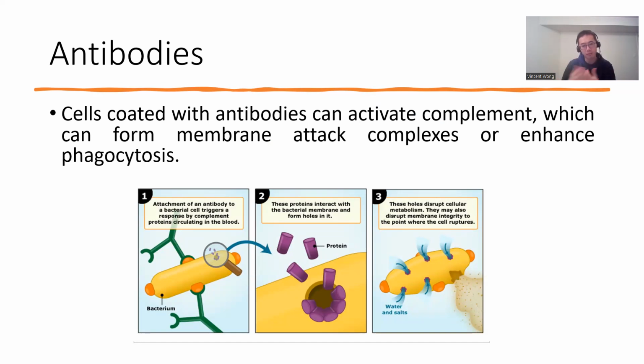It helps activate the complement and form these membrane attack complexes. And it also enhances phagocytosis. So it's not like innate and adaptive are independent departments, if you would. They actually work with each other. They have the same goal, to clear out the infection as quickly as possible. Okay.